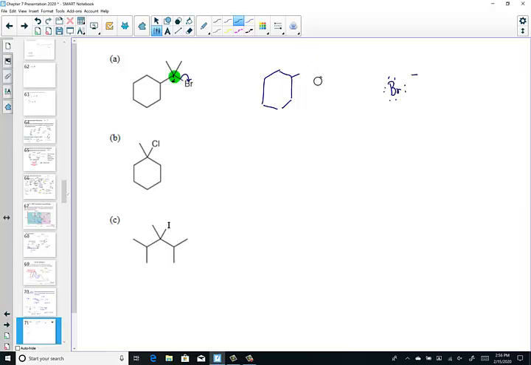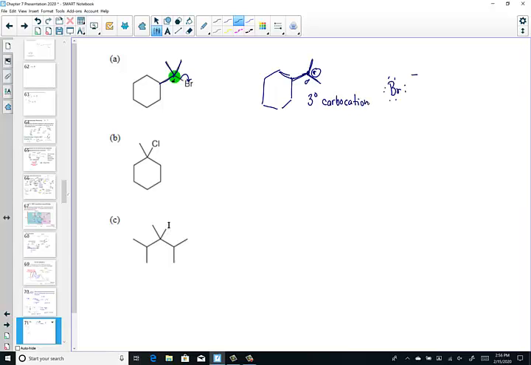I'd have too many bonds there. Here's the alpha carbon, and it still has 2 carbons attached, and therefore the positive charge lies right here. That's not a double bond. So the alpha carbon is attached to 1, 2, 3 other carbons. So we have a tertiary carbocation.